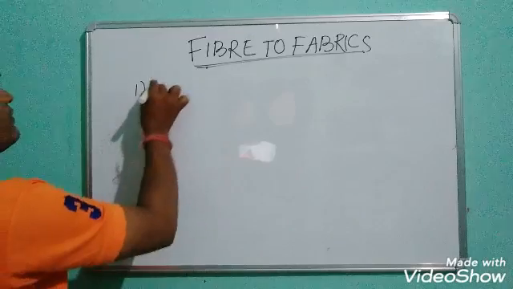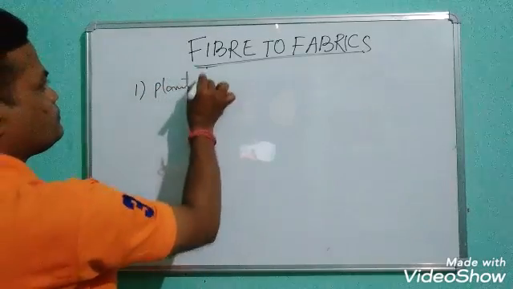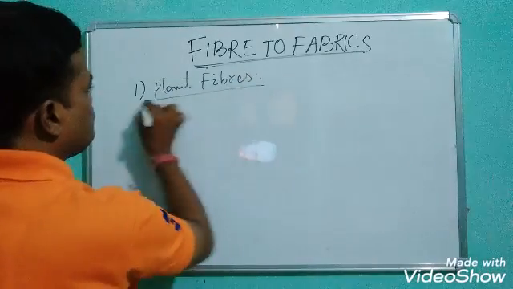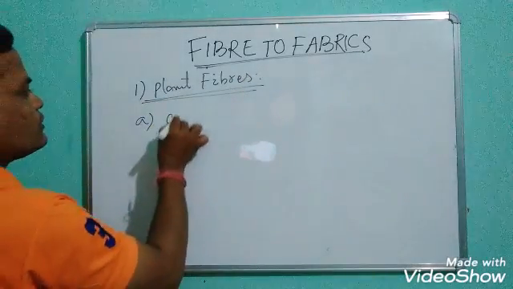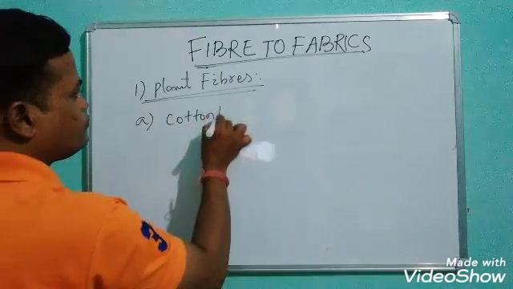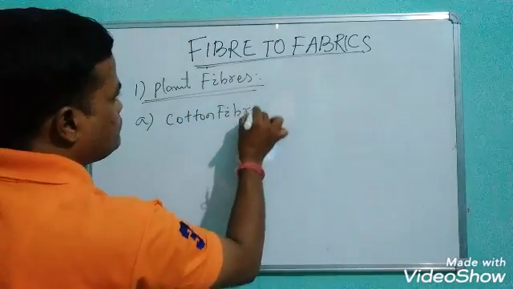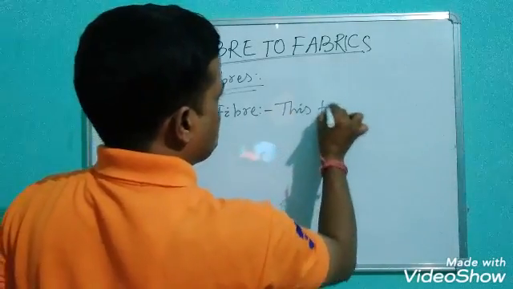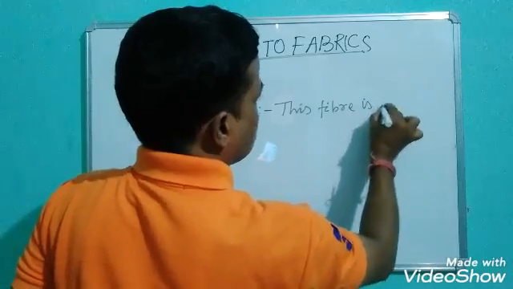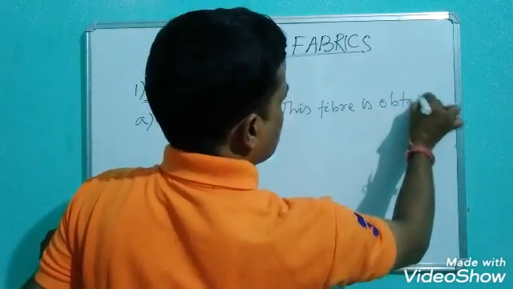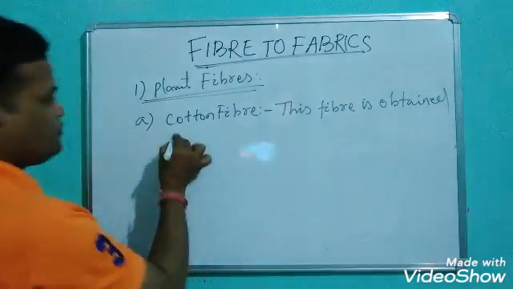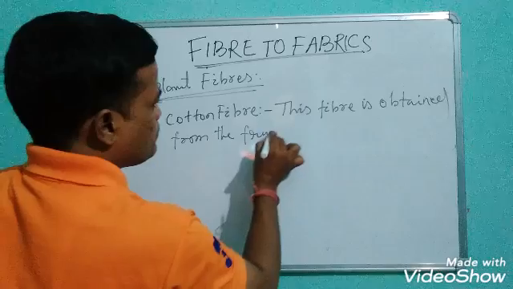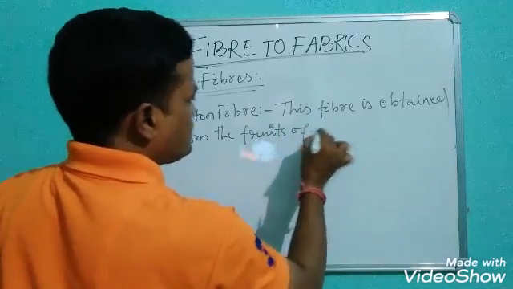Number one is your plant fibers. The first is cotton fiber. This fiber is obtained from the fruits of cotton plants.